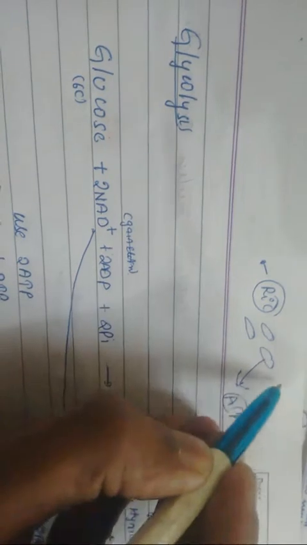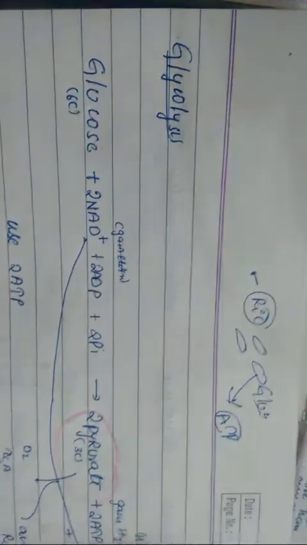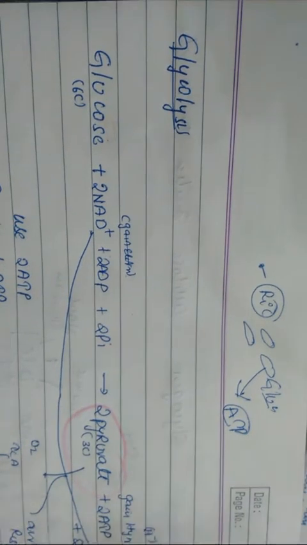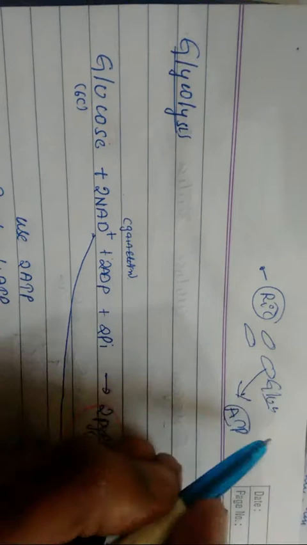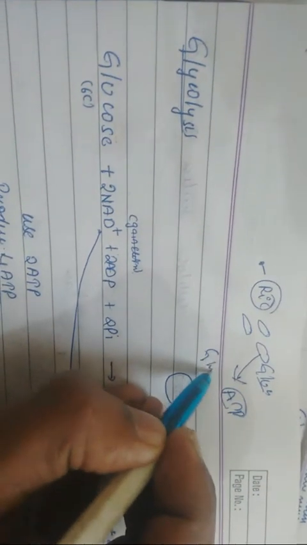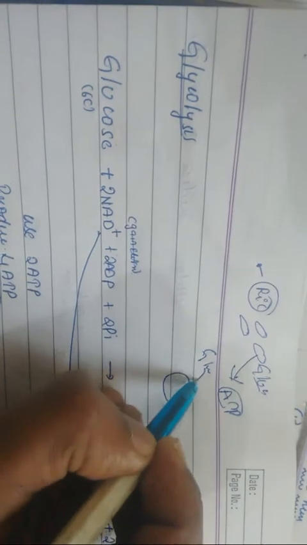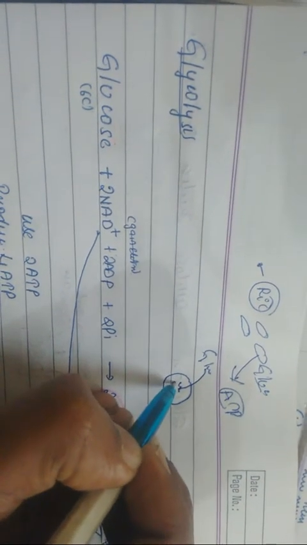Rice is nothing but glucose, right? So what happens here is, the moment it breaks down, there's a formation of glucose in your blood. Now this glucose enters the cell. Right, now this is glucose.